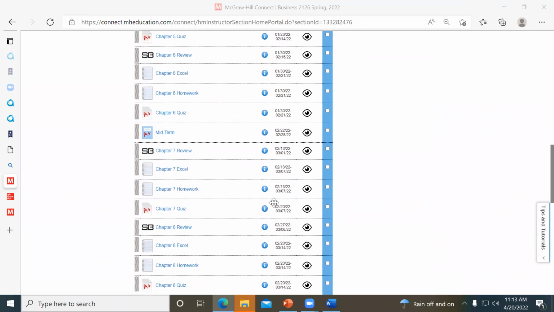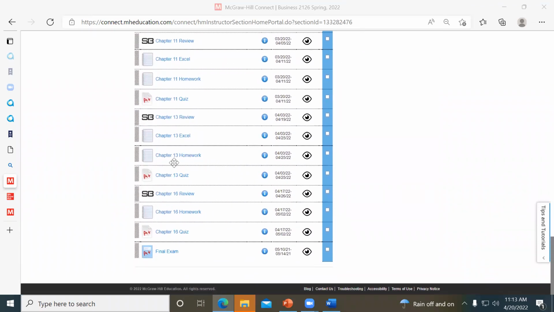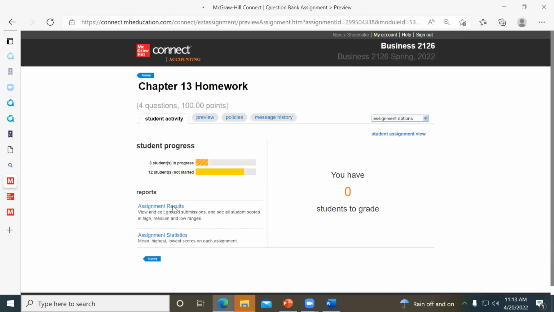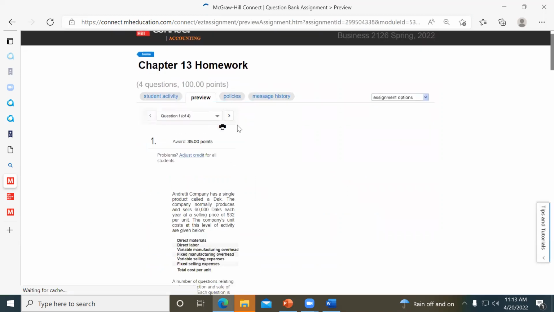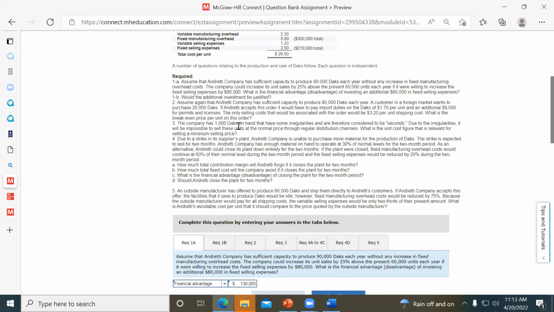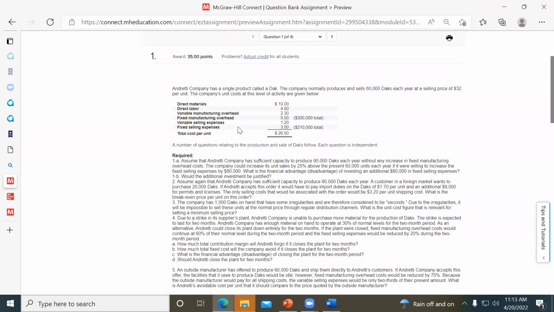So, chapter 13. Basically, there's a single product called DAC. The company normally produces and sells 60,000 DACs each year at a price of $32 per unit.